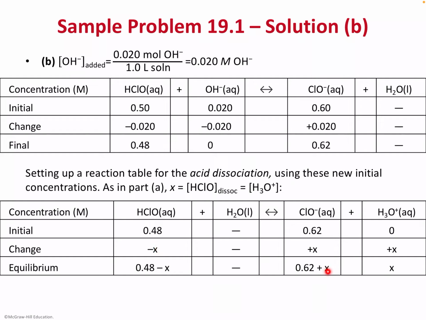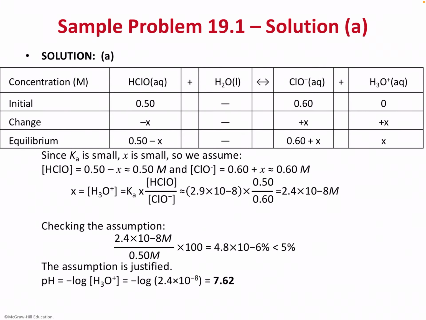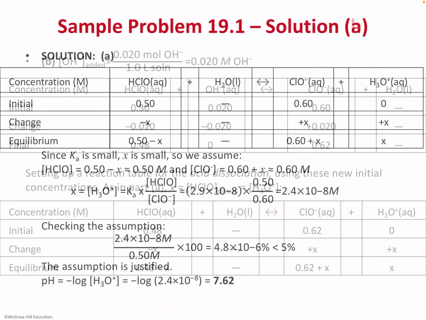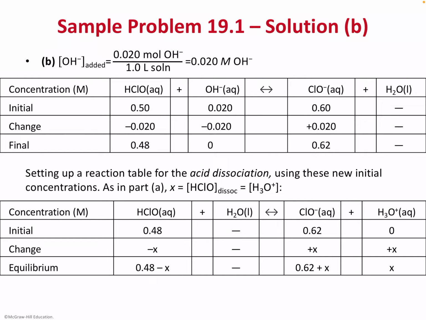Since we are adding a hydroxide, a little bit of a base, do you think our pH is going to be less than the previously calculated 7.62, or more? We are adding a hydroxide, so it should be a little bit more, right?